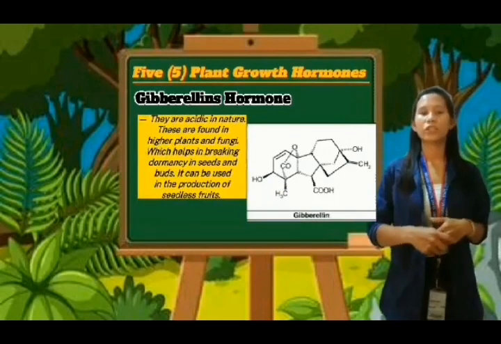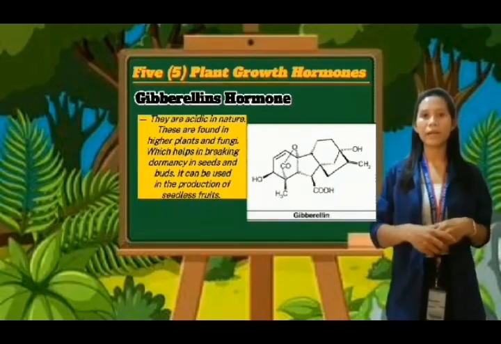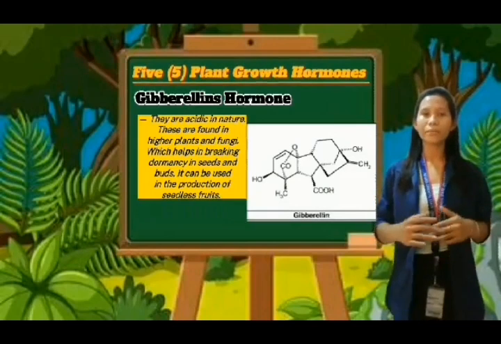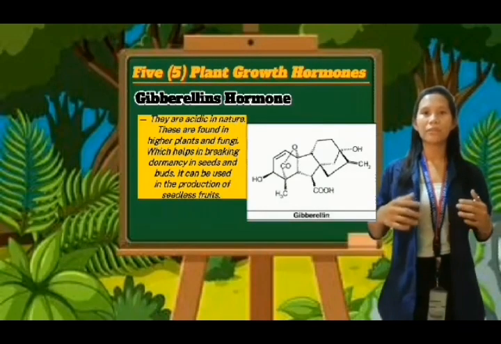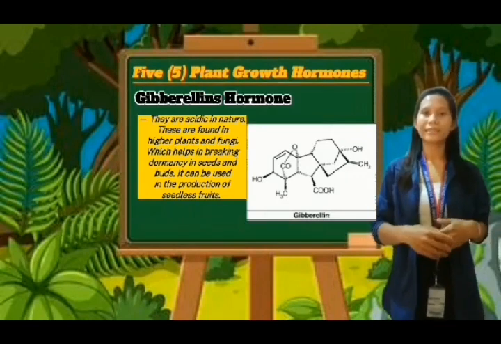Next is the gibberellin hormone. They are acidic in nature. These are found in higher plants and fungi, which helps in breaking dormancy in seeds and buds. So it can be used in the production of seedless fruits.